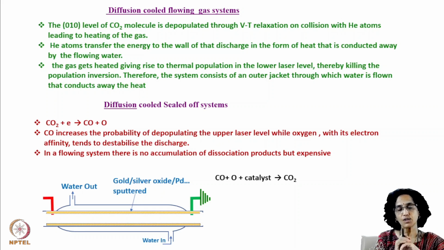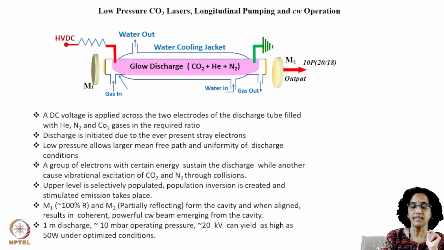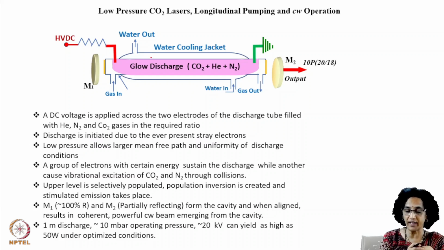Then, what happens to the gas? Well, what normally is done is that the gas flows in, it also gets heated up. That heat is conducted away, we are saying, by means of cooling jacket.